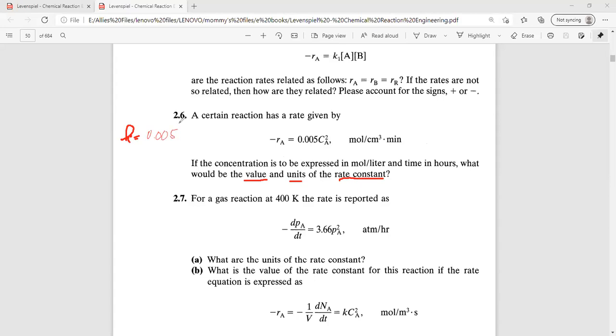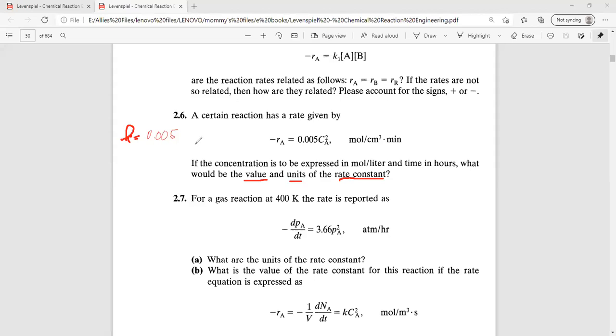If I will ask you, what do you think is the set of units of this original rate constant, which is 0.005? Maybe, miss, mole per centimeter cube times the time in minute over mole per centimeter cube squared.